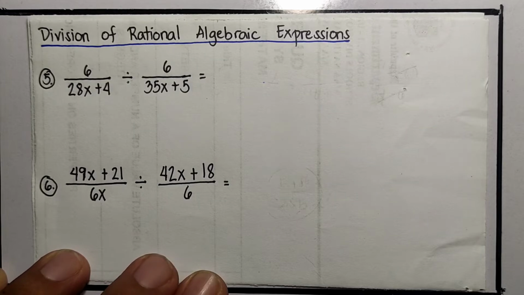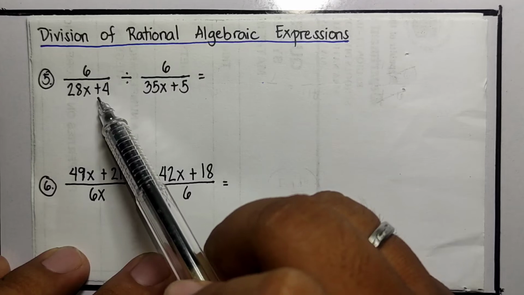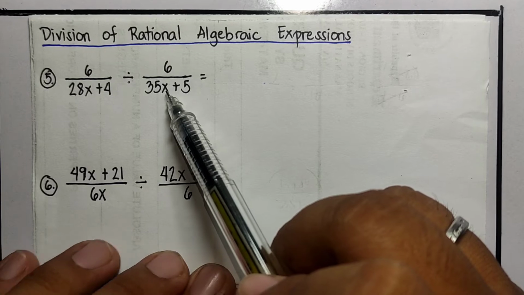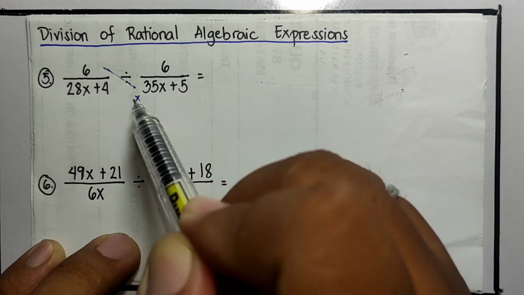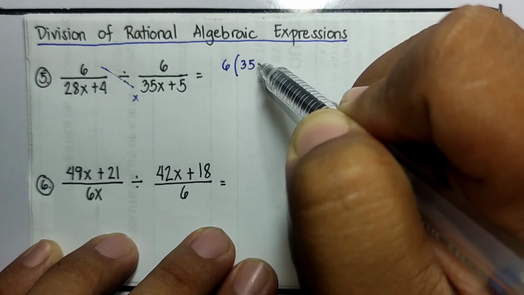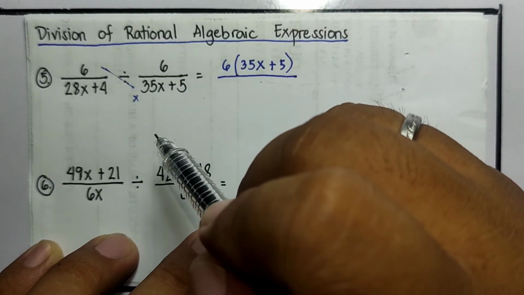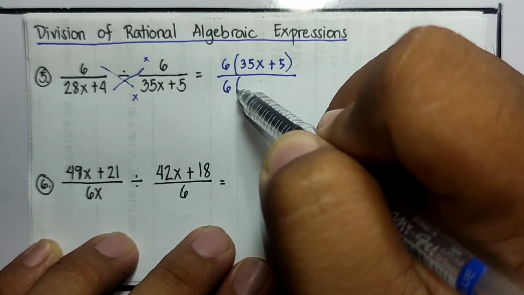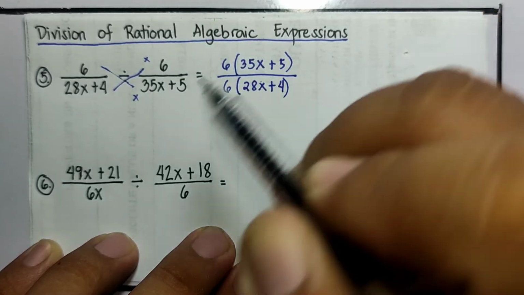Fifth and sixth example. 6 over 28x plus 4 divided by 6 over 35x plus 5. Cross multiply: 6 times 35x plus 5, all over 6 times 28x plus 4.